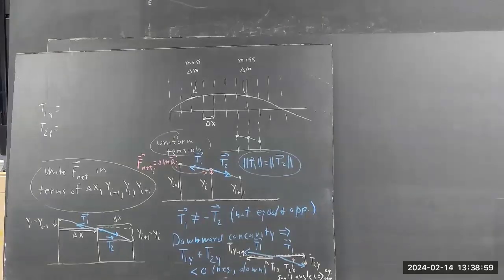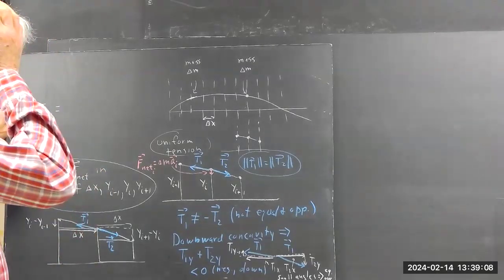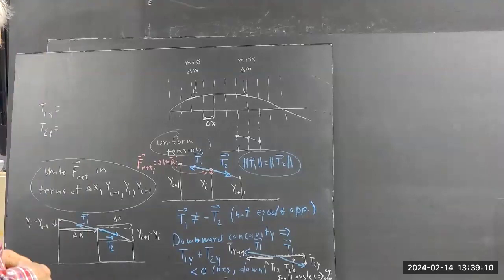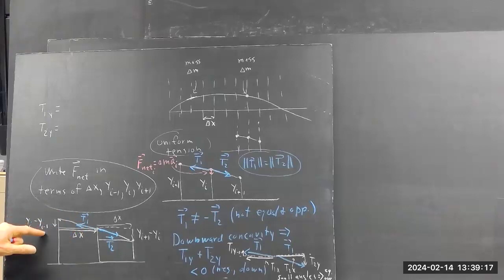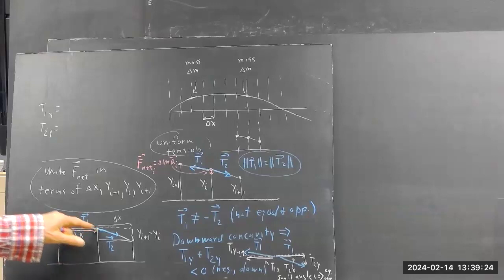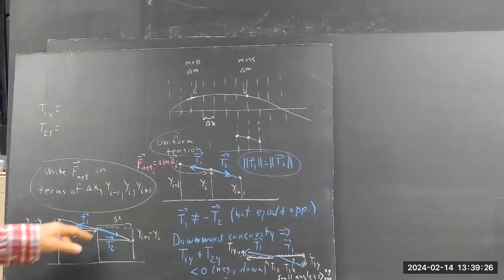Okay, so I got off on the wrong track. I tried to use the Pythagorean theorem, which is natural because you got triangles, but that doesn't work this time. Okay, T1y is just in the same proportion to T as yi minus 1 is to delta x. Now, T is a hypotenuse, but the hypotenuse doesn't differ much from the x component.